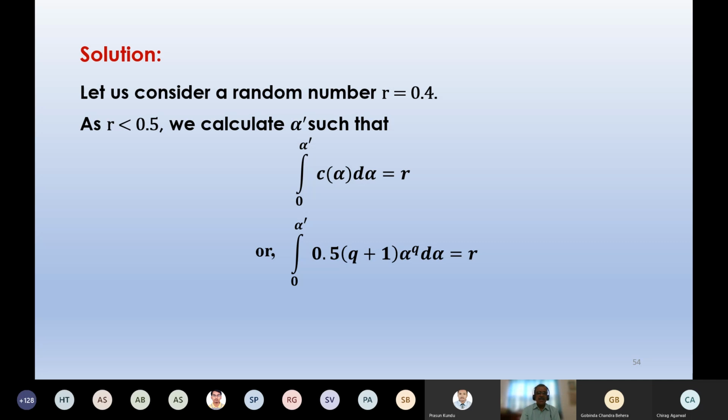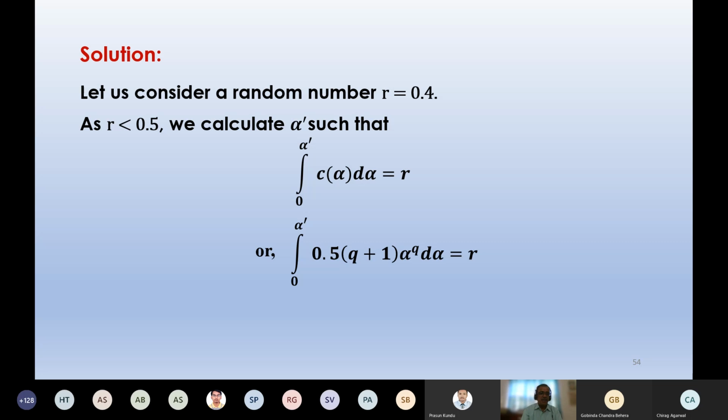Now let us consider that my random number generator has generated a number 0.4, which is less than 0.5. As it is less than 0.5, we calculate alpha prime using this expression: the integral from 0 to alpha prime of C alpha d alpha equals R. R is nothing but 0.4.